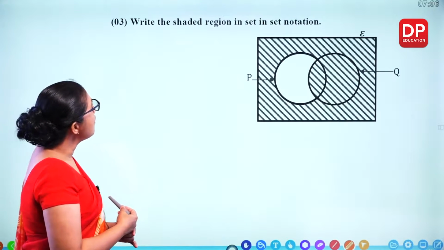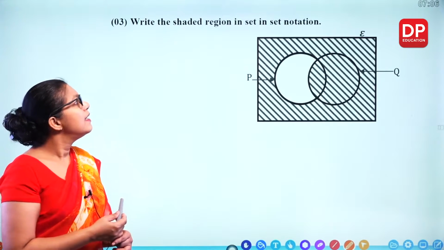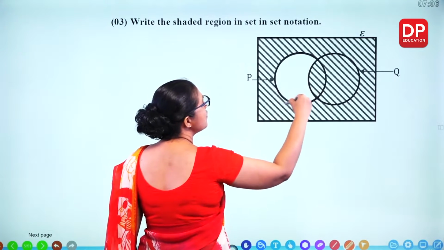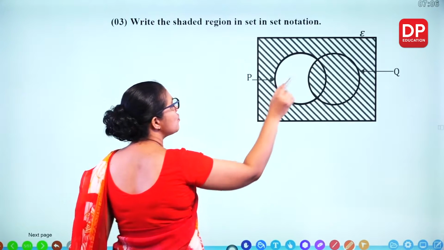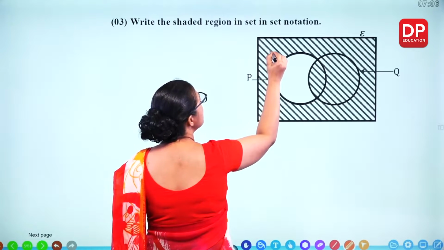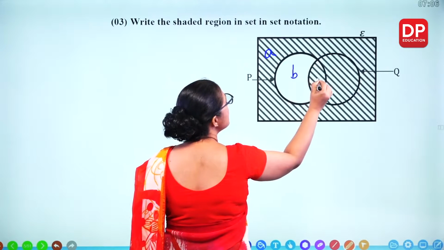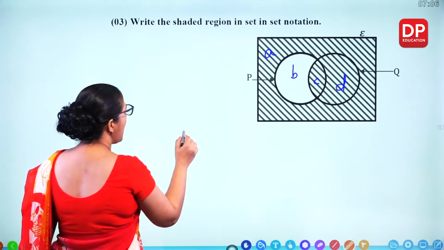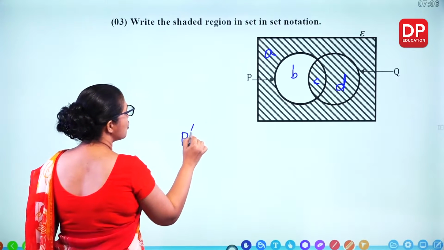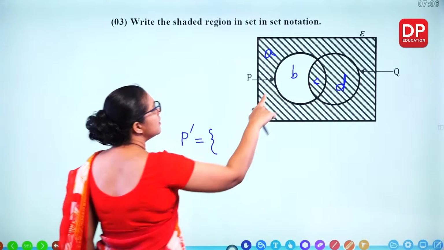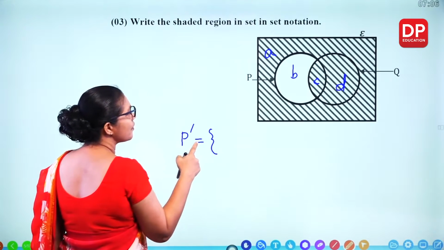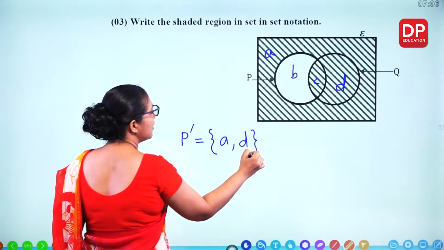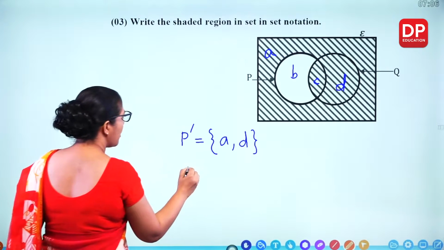Question number 3. Write the shaded region in set notation. This one is P and this one is Q. We'll put letters A, B, C, D for the regions. If you take P dash, what are the letters? P dash means A and D. What are the elements in Q?